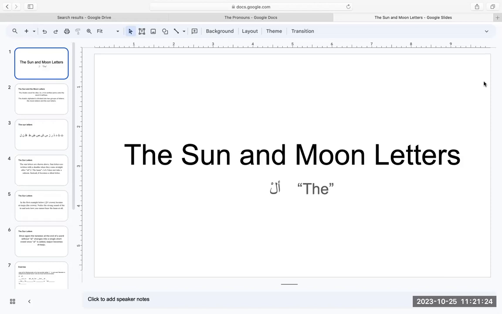There is a group of letters we name the sun letters, which in Arabic is الحروف الشمسية, or الحرف الشمسي, or it could be moon letters, الحروف القمرية, the plural, or الحرف القمري.